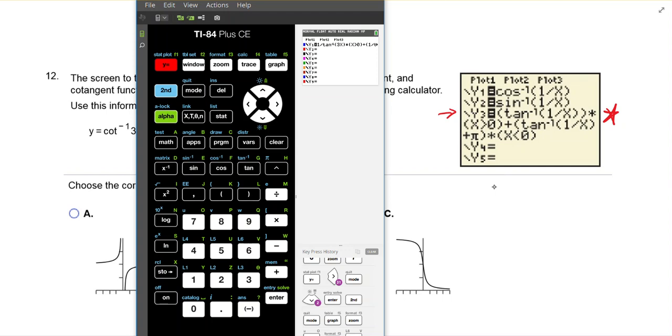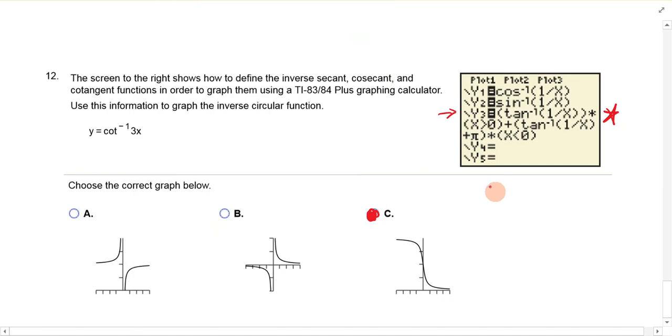Remember that you'll find the inequality symbols under second math. That's where we get all these less than, greater than. You should come up with something that looks like that if you get it in right.